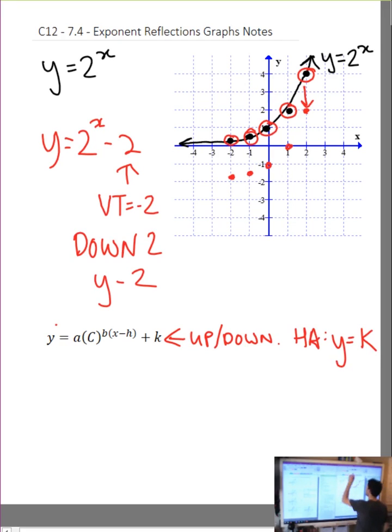So our k in this equation is -2, which means that I have a horizontal asymptote, a horizontal dotted line that we never cross, y equals -2. Then I can draw in my graph.